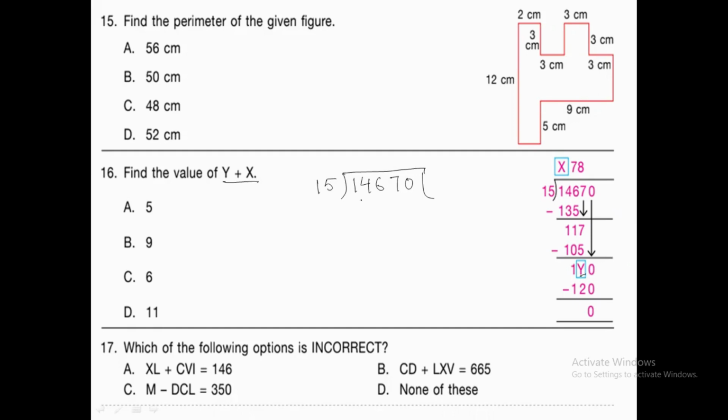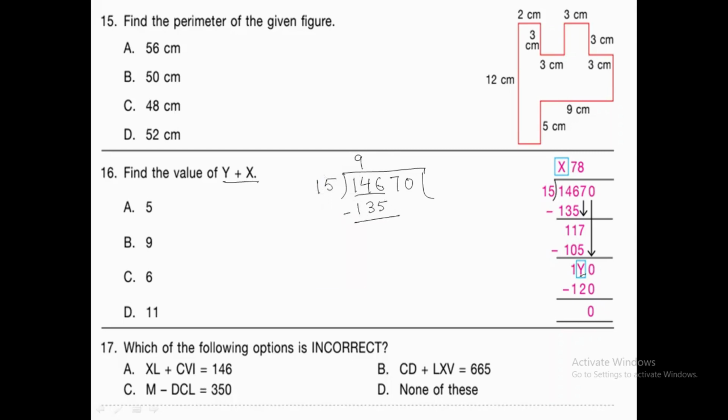So you will take this 146. The nearest smaller number to 146 in the table of 15 is 135, which is 9 times. 15 nines are 135.